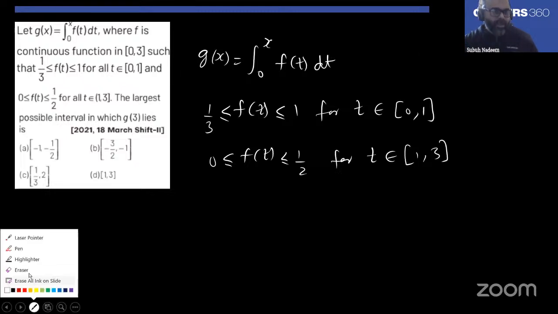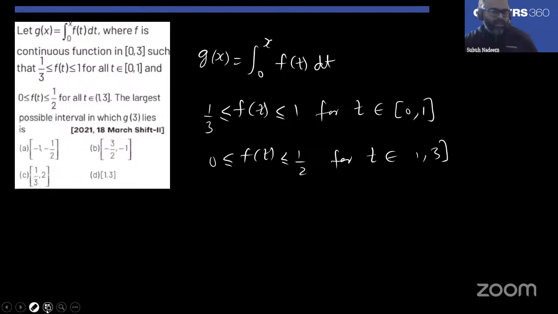This is open bracket here. 1 is included in the previous interval. The largest possible interval in which G3 lies is.